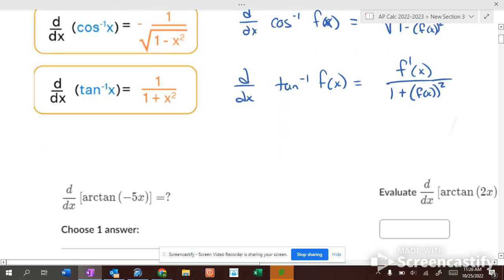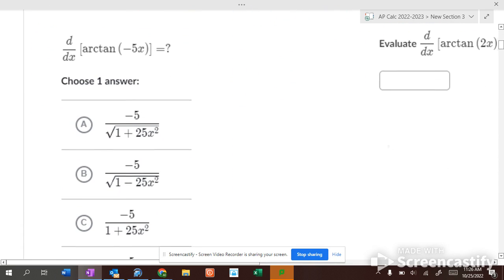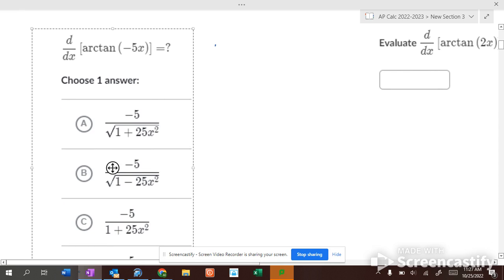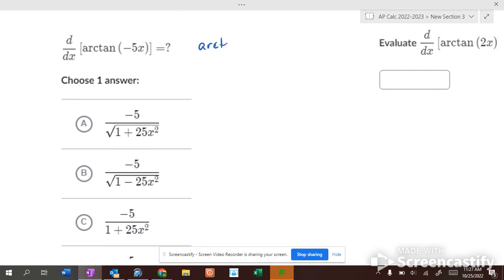Okay, so let's look at some examples. If we take the arctangent of negative 5x, we know the arctangent of x is the same as the inverse tangent of x. Okay? So the derivative of inverse tangent of x was 1 over 1 plus x squared. Well, this isn't just x, that's basically our f of x.